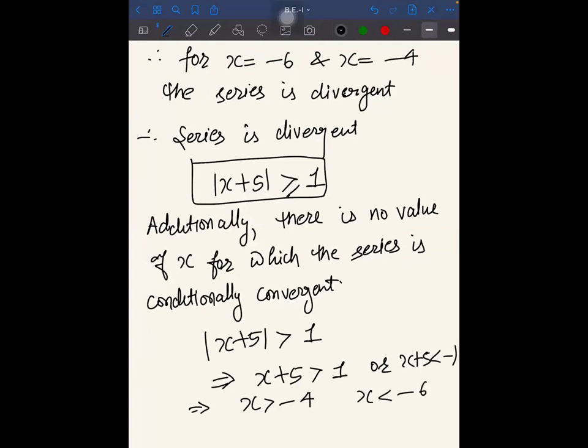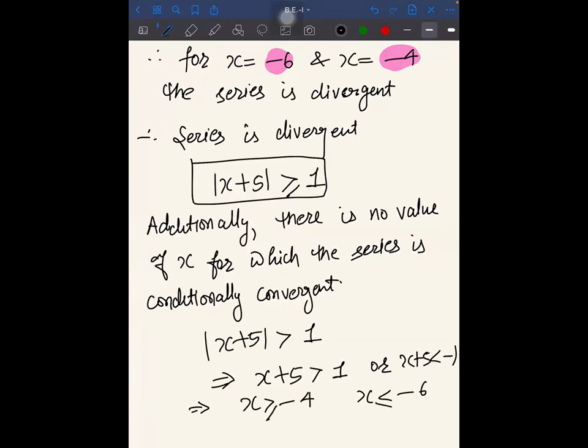But we have also proved that at minus 6 and at minus 4 it is also divergent. So here we'll use the sign of equality. True?